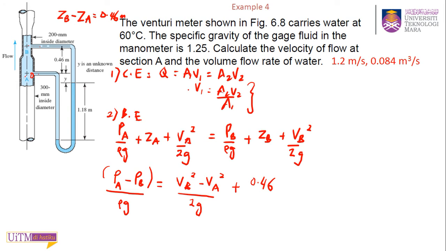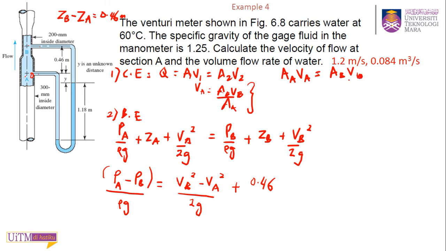Okay, you have it here. So this one is VA. Let's say this is VA and VB, and AB, AA. Let's go back here. We have the area, they gave the area. So AA VA equals AB VB. Okay.